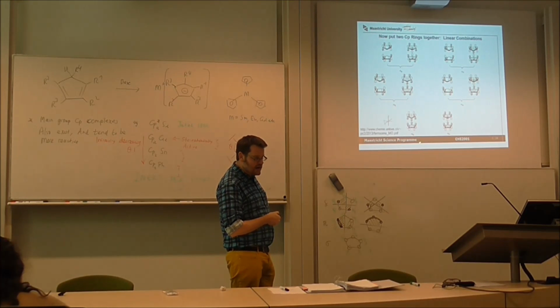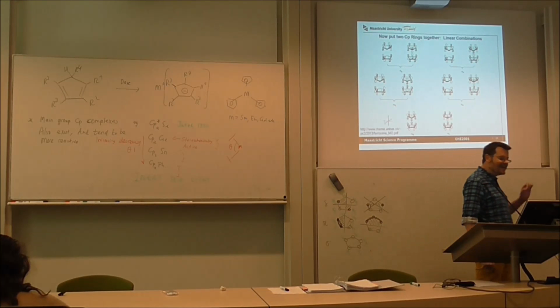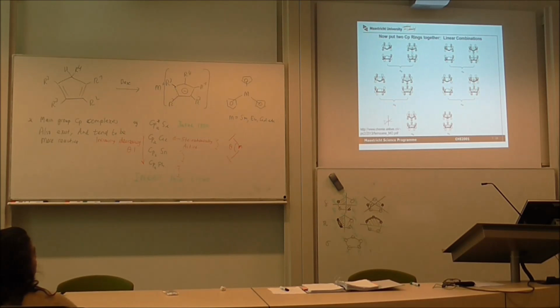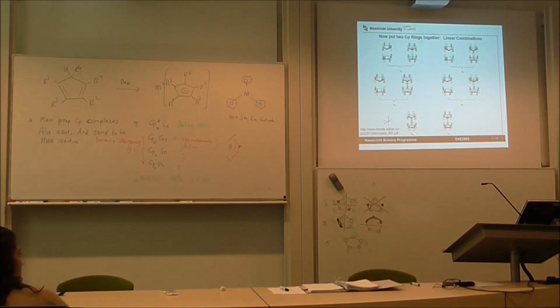And the symmetry labels here are Mulliken symmetry labels, which tell us about the symmetry of that molecular orbital. So what we're actually doing is building up the molecular orbitals for one Cp ring, and then using that, we're building up the molecular orbitals for 2 Cp rings.